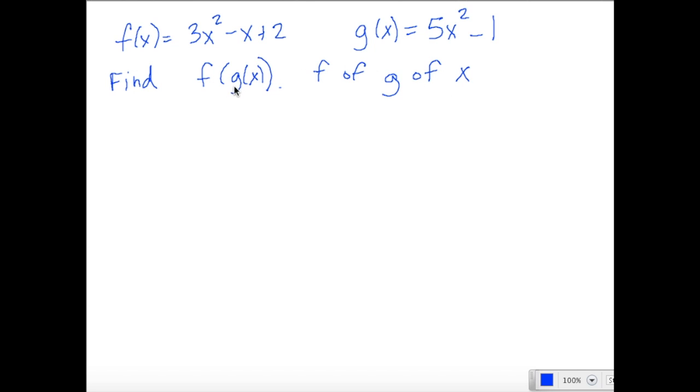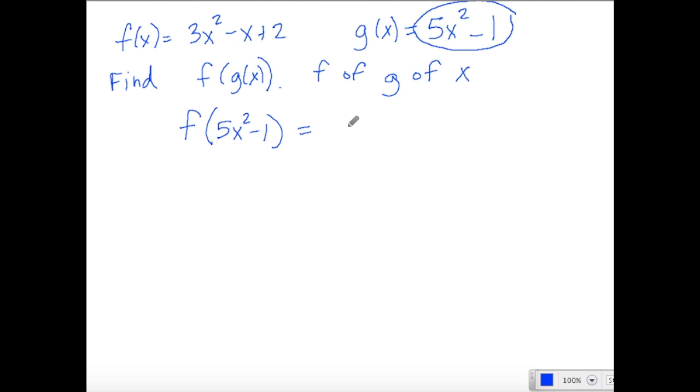Well, it means I'm going to take g of x, and I'm going to put g of x inside of f of x. That's what this means. Every place I see an x, I am going to put g of x.